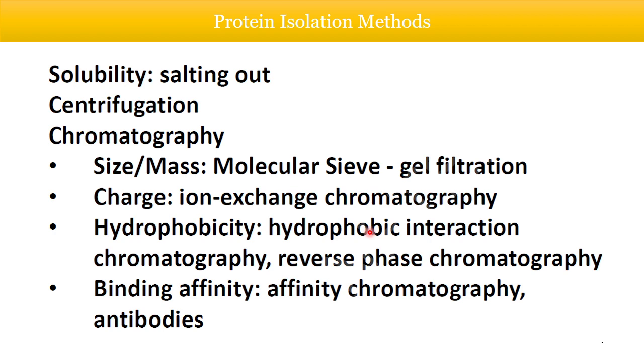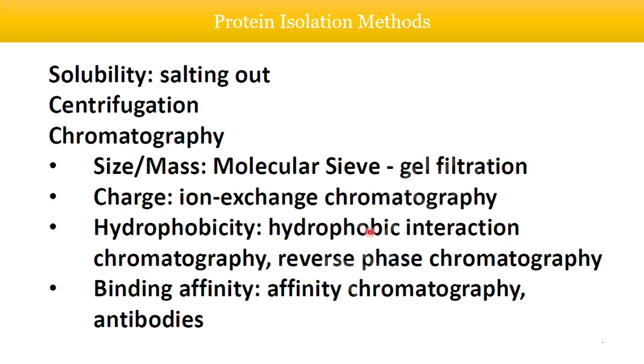The other forms being centrifugation, then chromatography. Among chromatography, you have different categories. One depends on size and mass, which you can call molecular sieve filtration. Then you have charge: on the basis of charge, if you are isolating proteins, you have ion exchange chromatography.